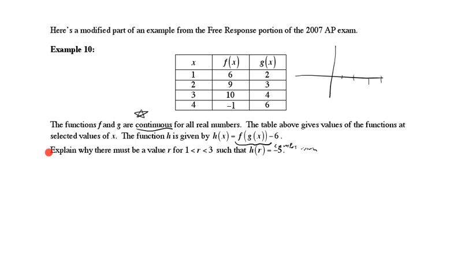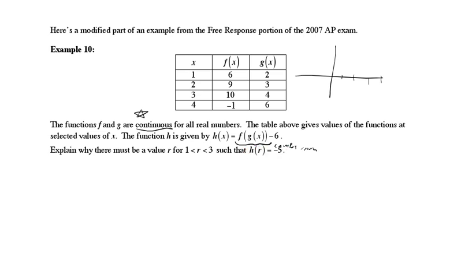And the question says, explain why there must be a value r between 1 and 3 such that h of r equals negative 5.